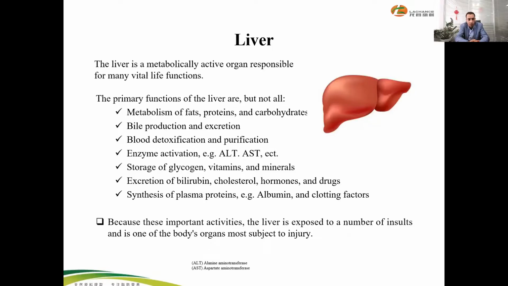So the liver is an important organ in our body, doing a lot of work with many functions. The four or five major functions that we can summarize here: the main role is metabolism of fat, protein and carbohydrate, bile acid secretion, and detoxification of bad material that causes problems for our body, and activation of enzymes like ALT and AST, alanine aminotransferase and aspartate aminotransferase.